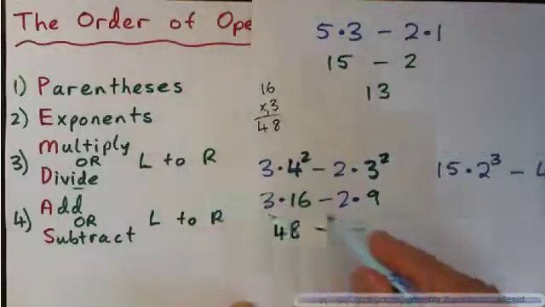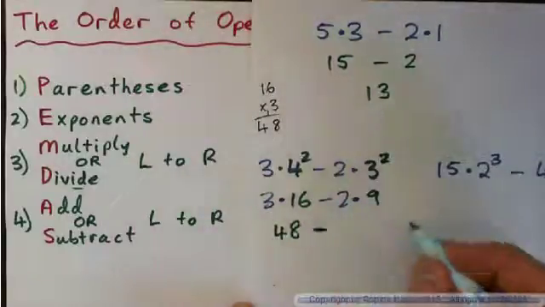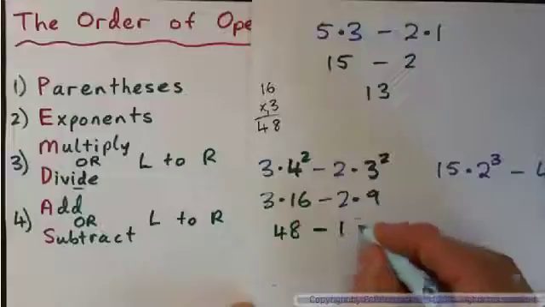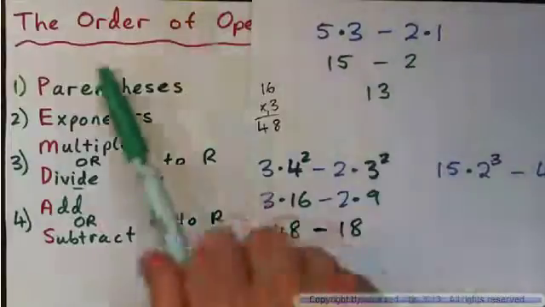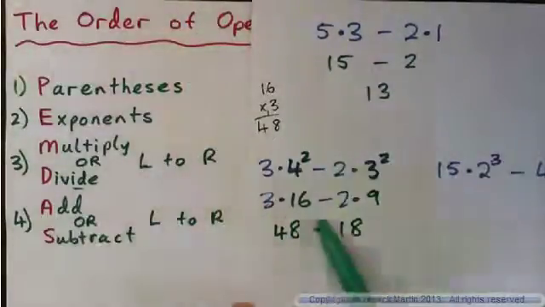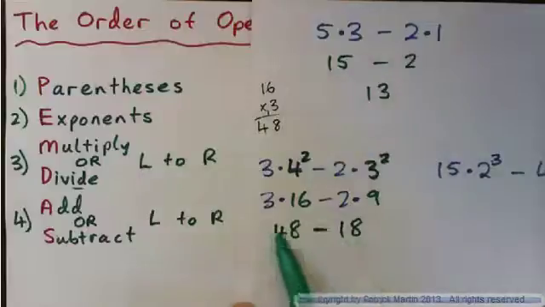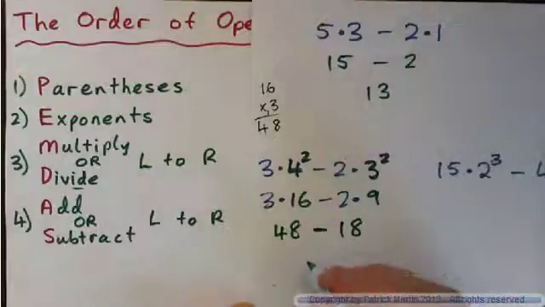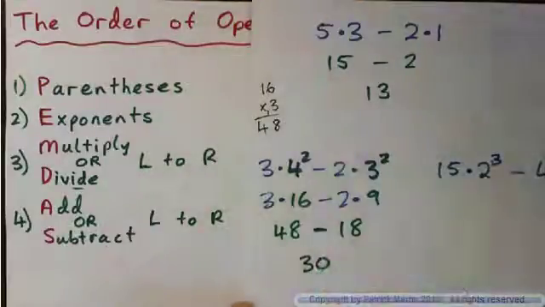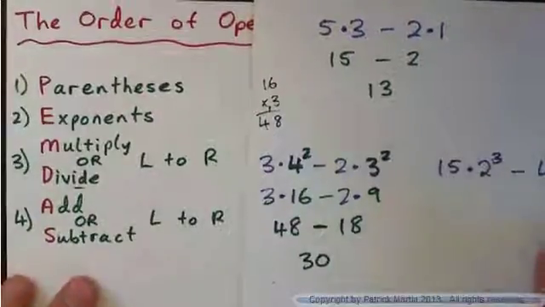And we also have another multiplication, 2 times 9 is 18. And finally we come along and do all the adds or subtracts from left to right, and we have 48 minus 18, which is 30, right?